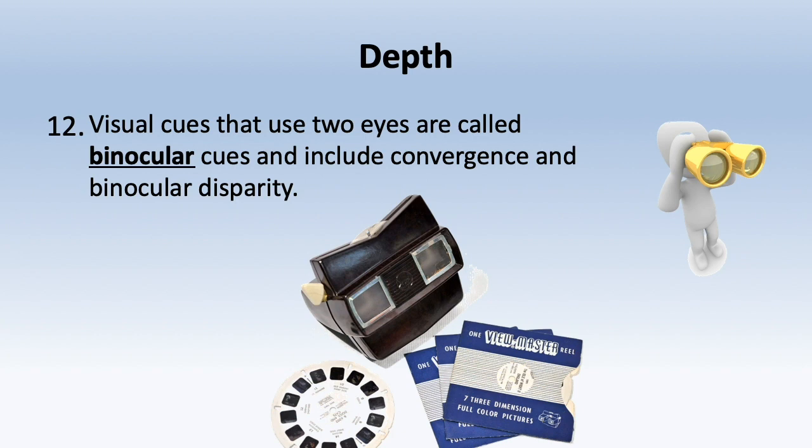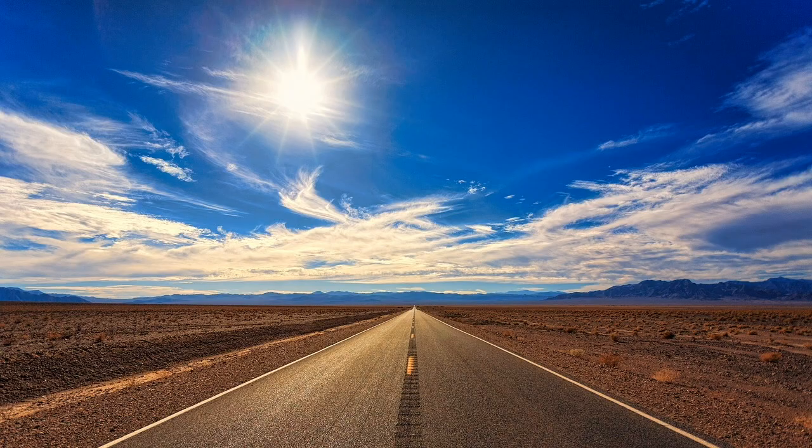Why did it work? Well, when you look at a three-dimensional image, it gives you that sense of depth because the two pictures are not exactly the same. The way the pictures diverge is what gives you that sense of depth.